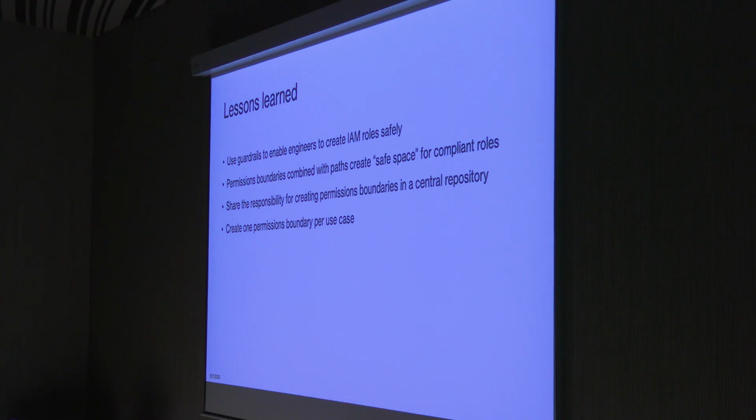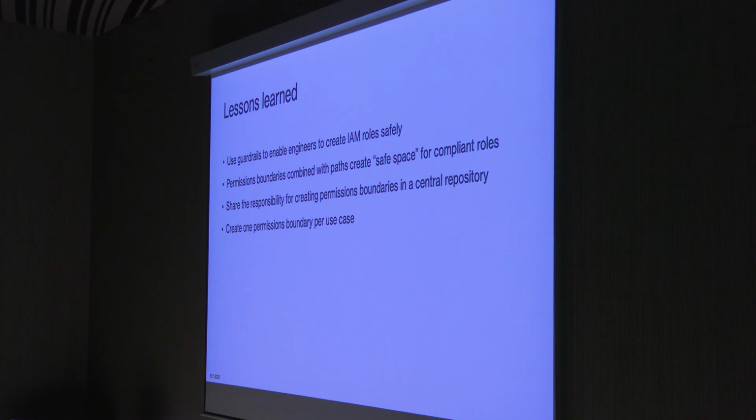And so to conclude the third part, let's take a look at some lessons learned. We should prefer to use guardrails to enable engineers to create IAM roles instead of leaning towards the gatekeepers approach, where we have one centralized team which will author the IAM resources for our teams.